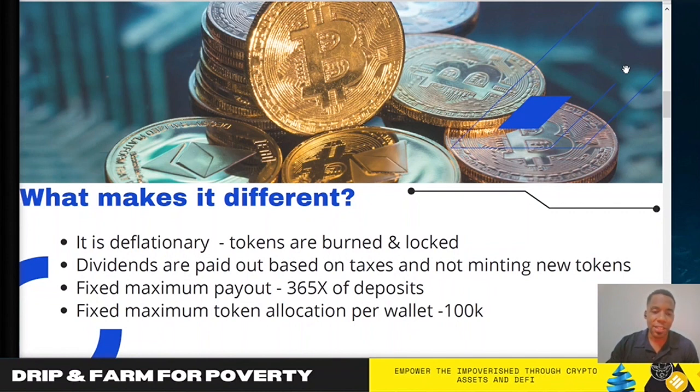There is a fixed maximum payout of 365x on your deposit, meaning whatever you deposit, you'll get a maximum of 365x return on that deposit. There is also a maximum number of tokens that you can hold per wallet. This incentivizes newer capital as well as new players and de-incentivizes whales.